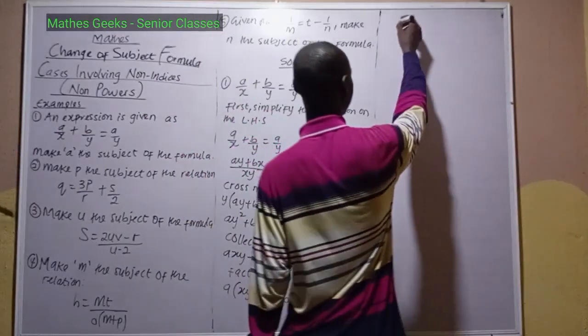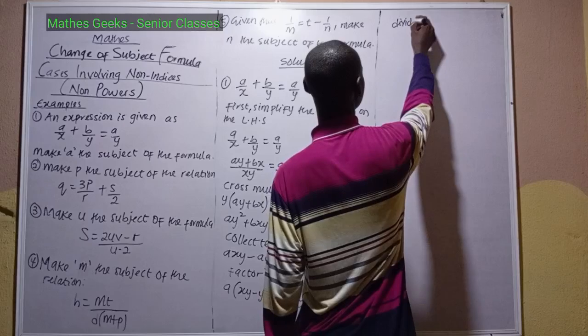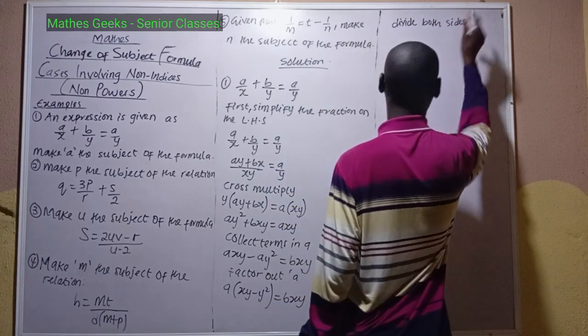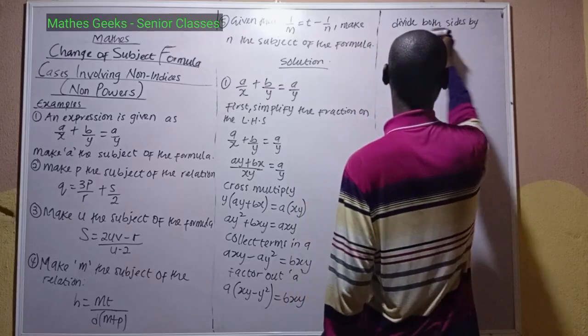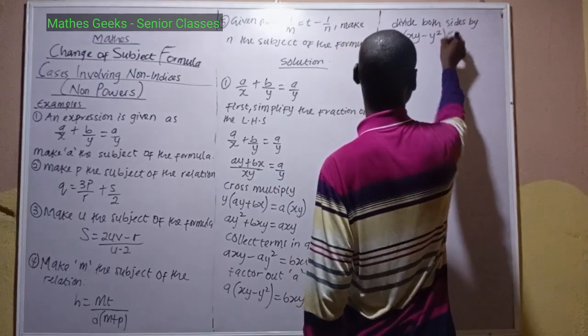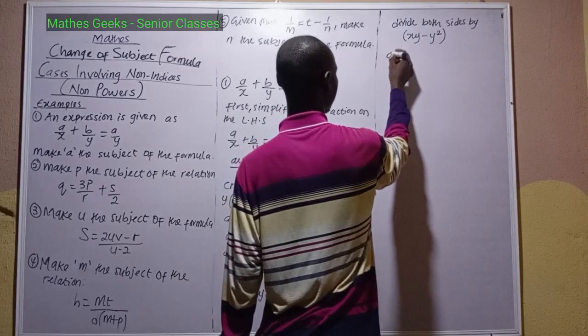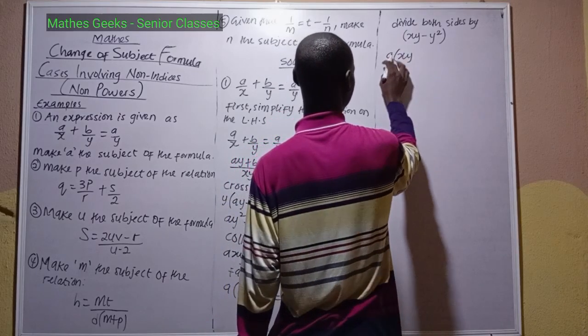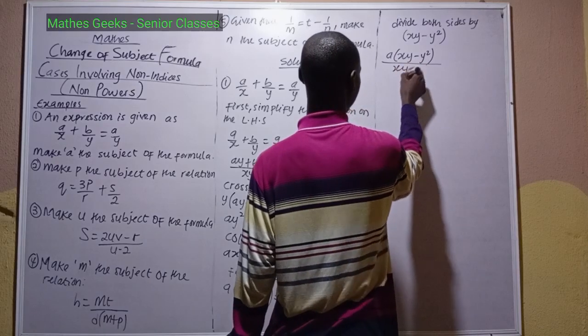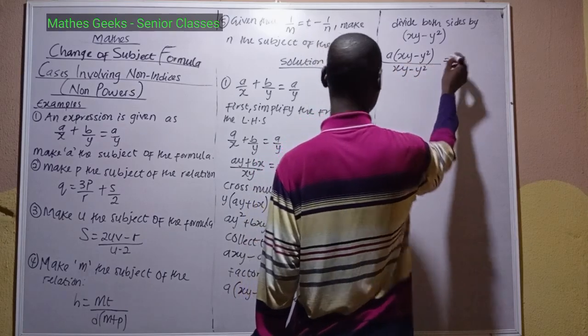So divide both sides by XY minus Y squared.